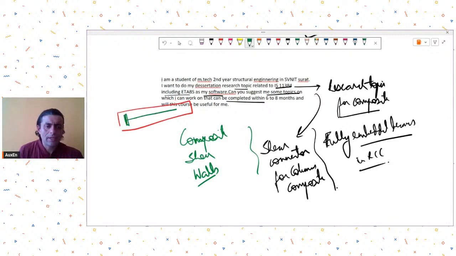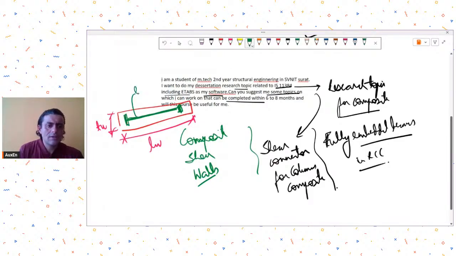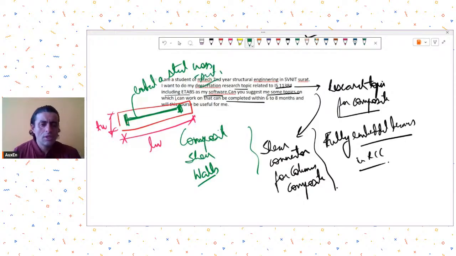This is the plan view I'm showing you. Let's say this is the shear wall length, and this is the thickness. We embed a steel cross section inside the shear wall, and this is called a composite shear wall.